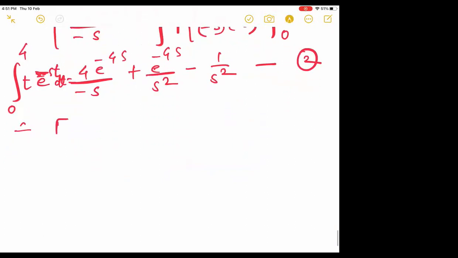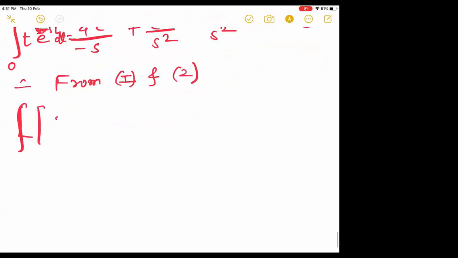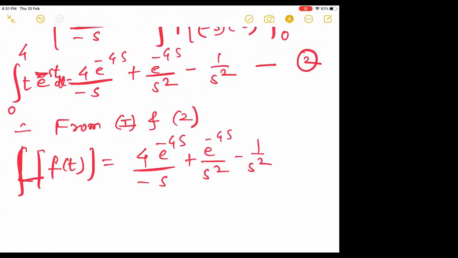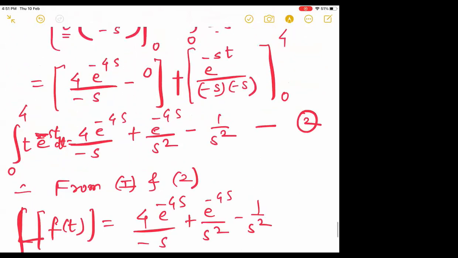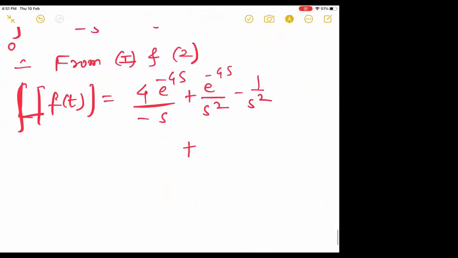And therefore, from 1 and 2, the total integral, the Laplace transform of f of t, is equal to the first integral's answer: 4 into e raised to minus 4s upon minus s plus e raised to minus 4s upon s square minus 1 upon s square, and the second integral is to be solved, plus integral 4 to infinity e raised to minus st into 5 dt.